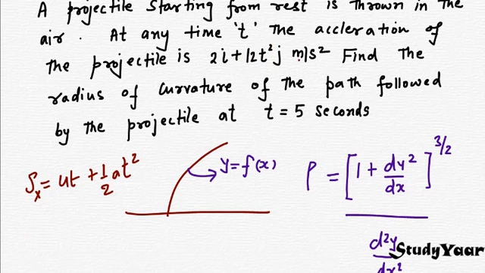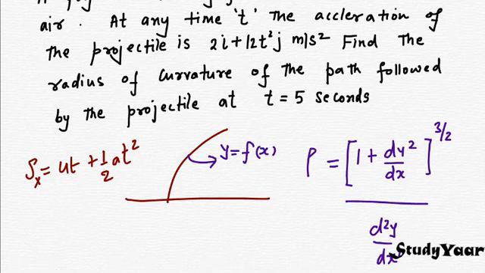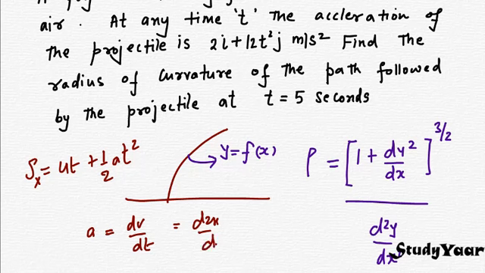Whenever we have variable accelerations, we use a is equal to either dv by dt or d square x by dt square or v dv by dx, depending upon what we need to know. At any given point in time, my projectile is at sx and sy from the point where it was thrown.